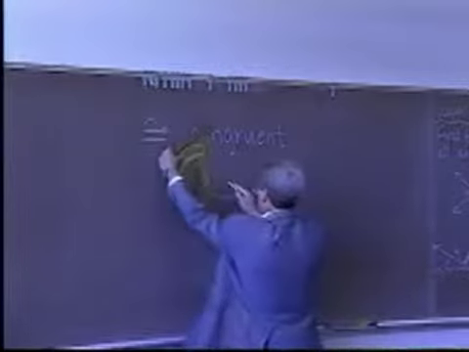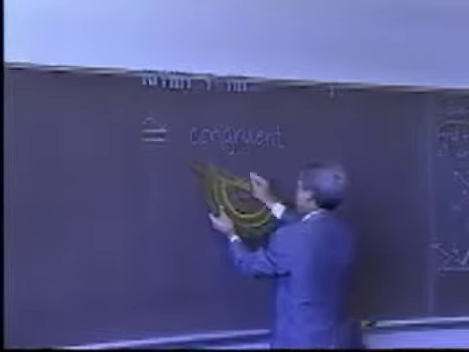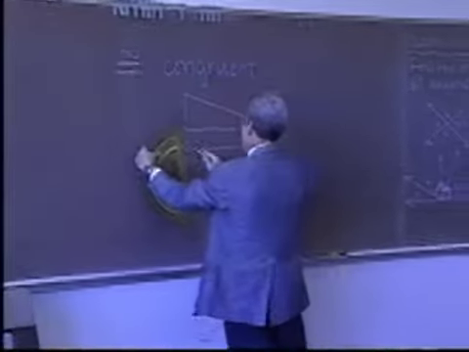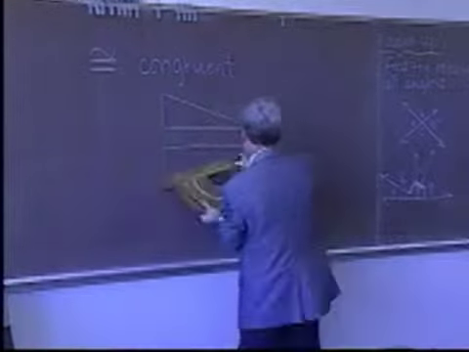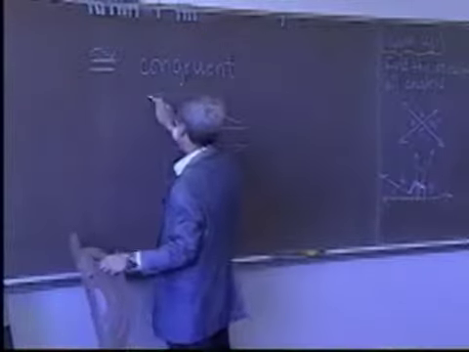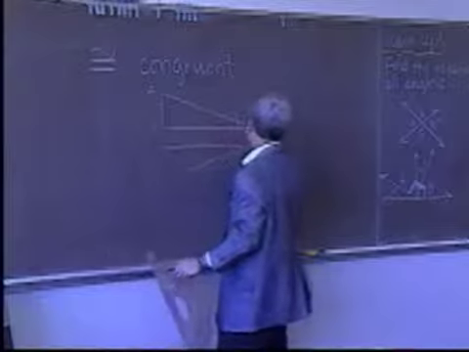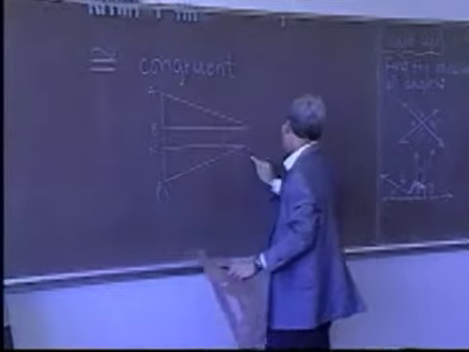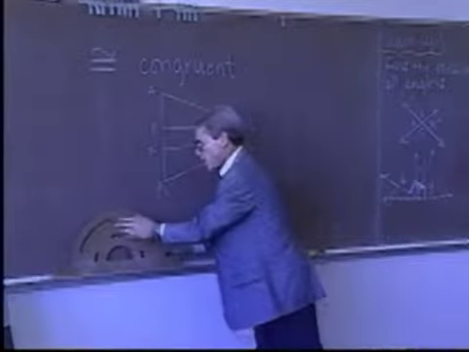I have a triangle here. I have another triangle here. And these triangles are labeled A, B, C, N, P, and M. And they are congruent.